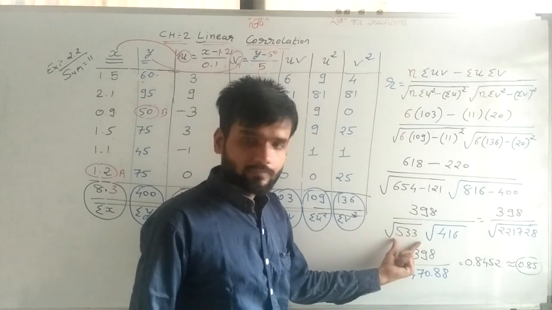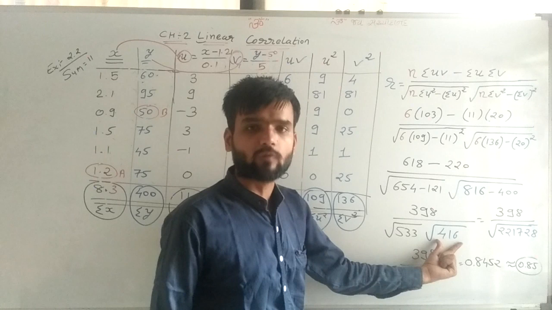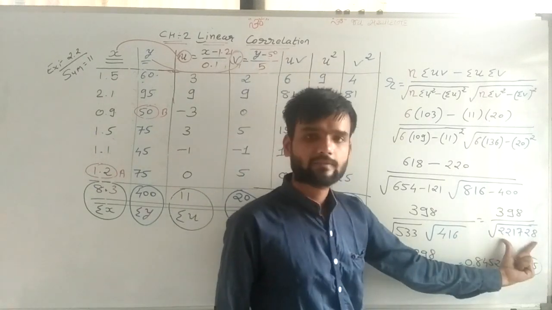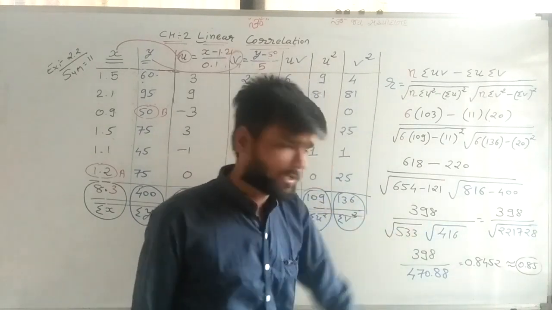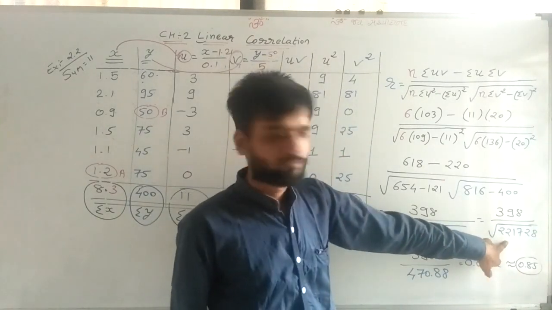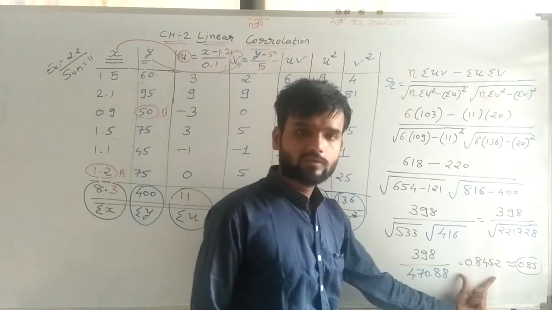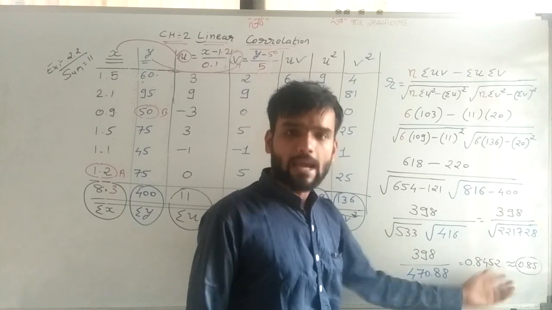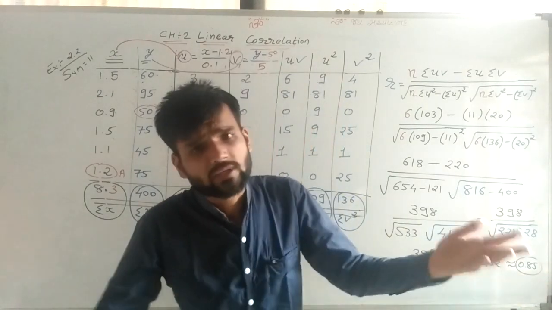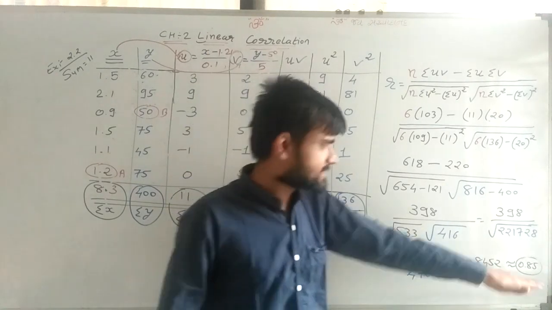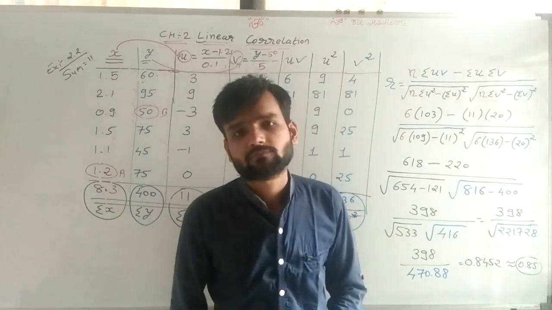First of all, I make the multiplication of two values, 533 into 416, and its answer is in root. Then I find the root of this value. It is 470.88. Now division of this gives 0.8452. Approximately we can convert it to 0.85. That's it. So this is the answer for question number 11.